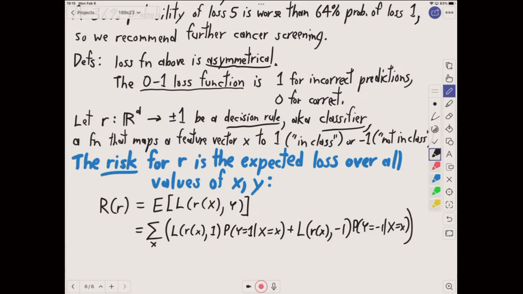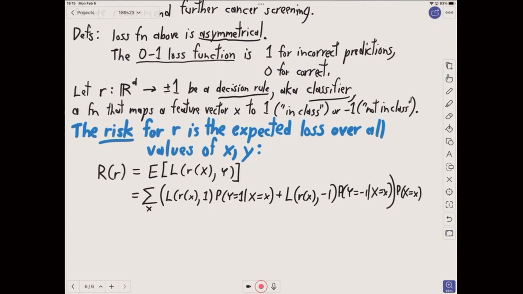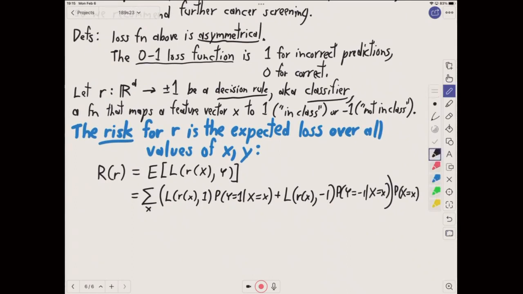We sum these all together, and at the end we multiply by the probability of x equal little x. Sorry, that's in the sum, actually. So that's the expected loss over all possible combinations of x and y you could get.